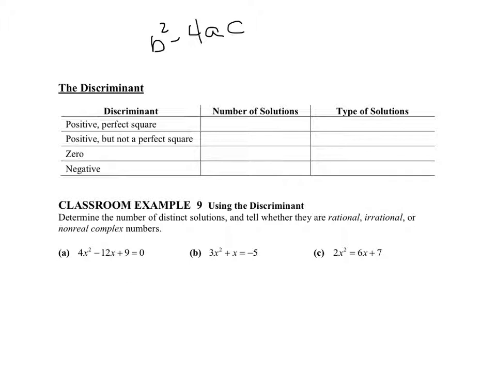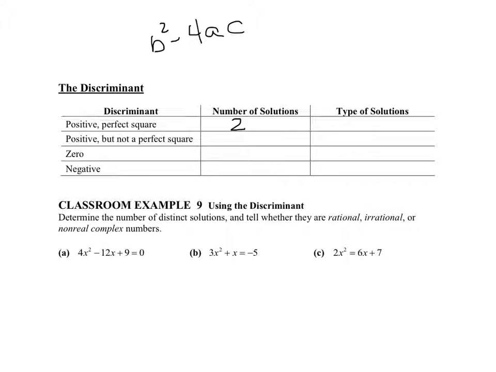Now, if the number that I get underneath the radical is positive and it's a perfect square, something like 25, when I take the square root of 25, I would get 5, and my radical would not be there anymore. But remember, in the formula, there's a plus or minus in front of the radical part. So I would have something plus 5 divided by the denominator, but then I would also have something minus 5 divided by the denominator. The fact that there is something remaining after the plus or minus means I have two solutions, because I have to do it one time with a plus sign and a second time with a minus sign.